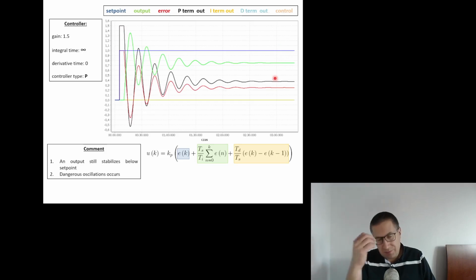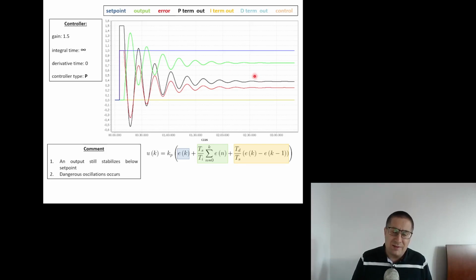So, what to do? What is missing here, right? From time to time, we are above the set point. For the majority of time, we are below the set point. So we should somehow tell the controller that, okay, it was reacting to the current value of the error, but if you look at the history, we can see that we sent not enough energy to the plant, right?